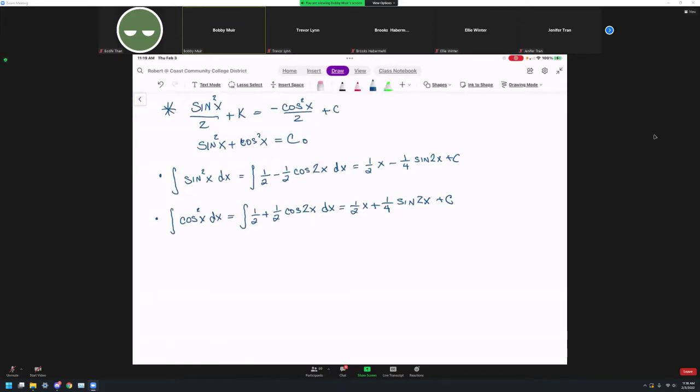And when both of the powers are even, like if we're doing sine squared x cosine squared x dx like that, then we have to do this mumbo jumbo. 1/2 minus 1/2 the cosine of 2x times 1/2 plus 1/2 the cosine of 2x dx.